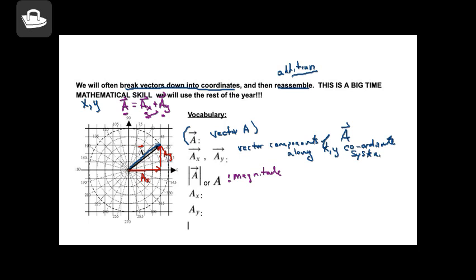So if I'm doing a little bit of SOHCAHTOA or trigonometry here, A sub X is equal to the hypotenuse times the cosine of the angle theta. And I'm going to label angle theta right here in my diagram. And then A sub Y, the magnitude of that, is the magnitude of vector A times the sine of the angle. And then the directions of these vectors are going to be along the X and Y coordinate system.